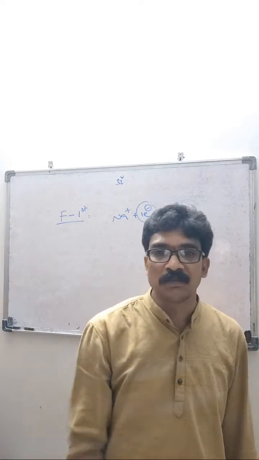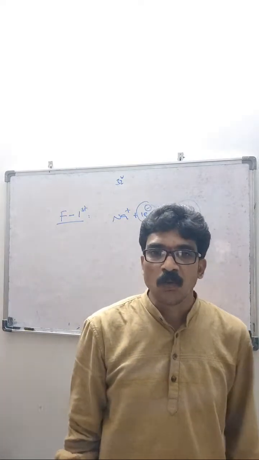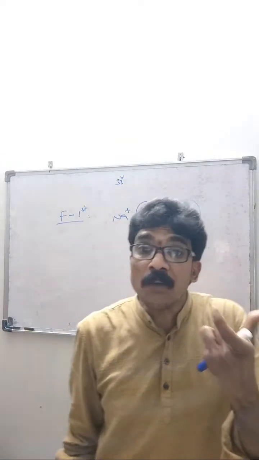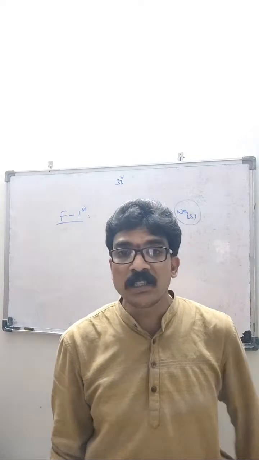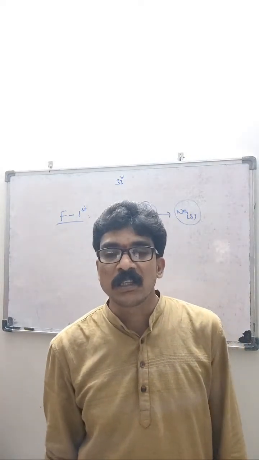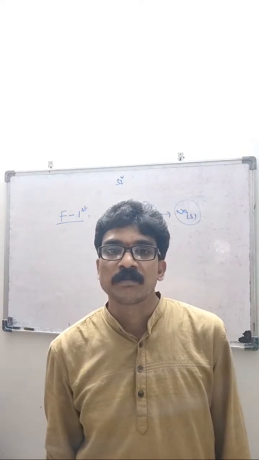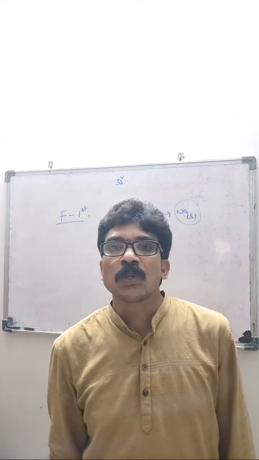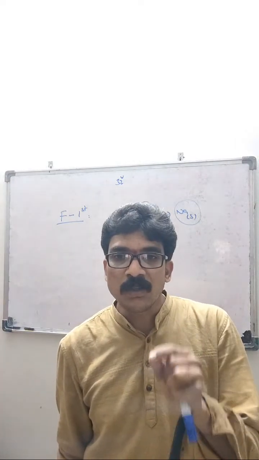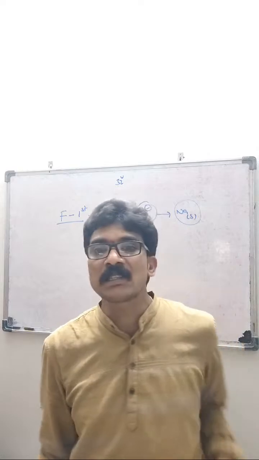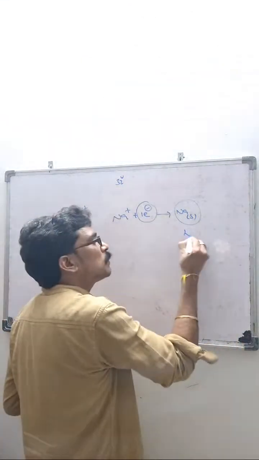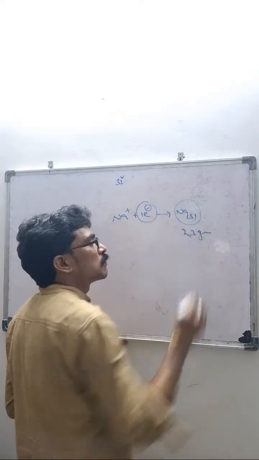The charge of 1 electron is 1.6 into 10 power minus 19 coulomb. The charge of 1 mole of electrons is 96,500 coulombs, which is nothing but 1 Faraday. So 1 mole of electrons has a charge of 1 Faraday. When 1 Faraday of electricity is supplied through sodium, the deposited weight is 23 grams.